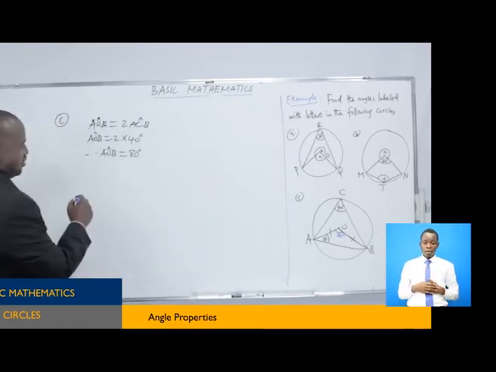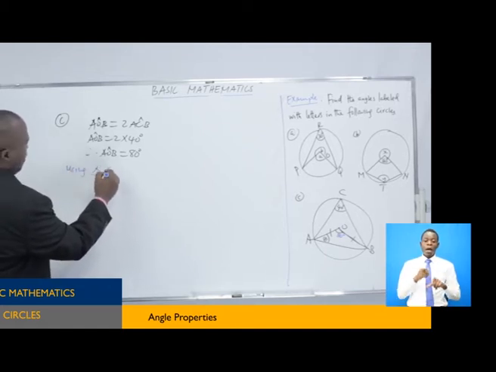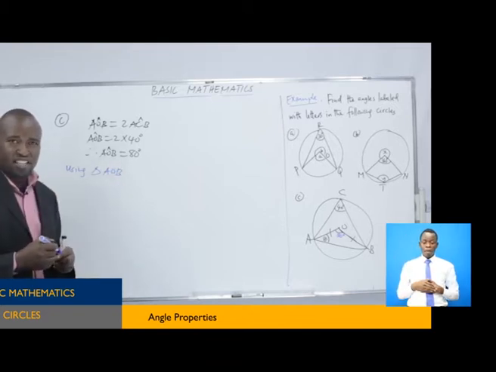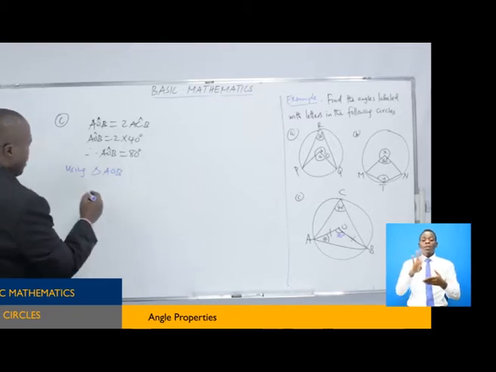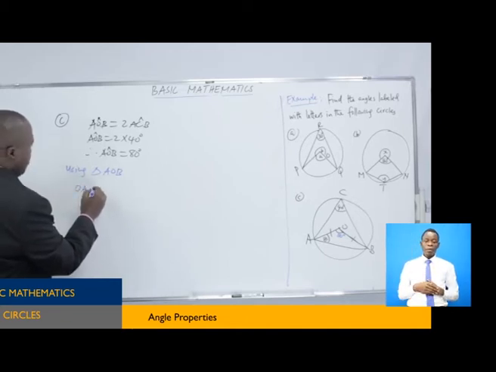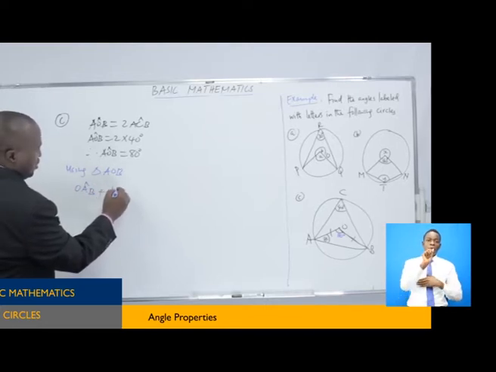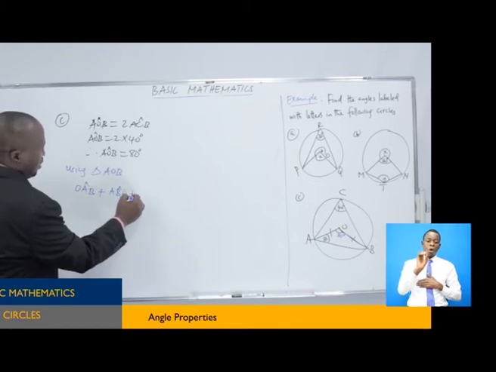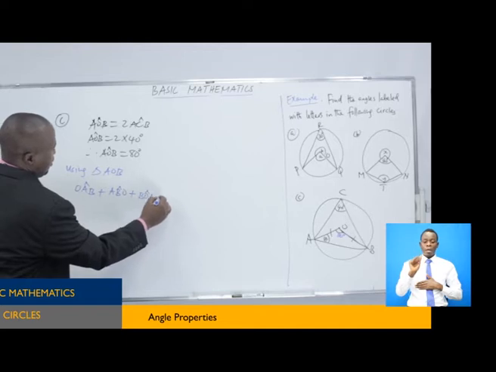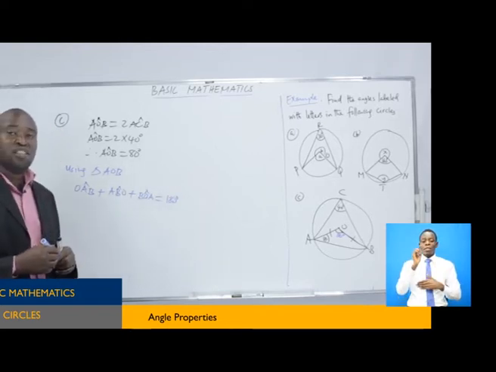So we say, now using the triangle AOB, which is an isosceles triangle, OAB plus ABO plus BOA is equal to 180 degrees, sum of the angles in the triangle.